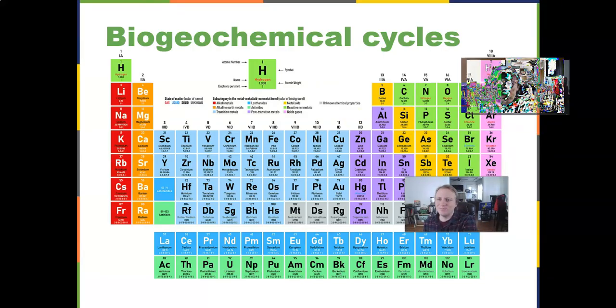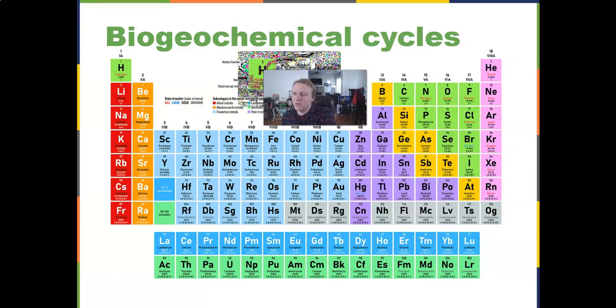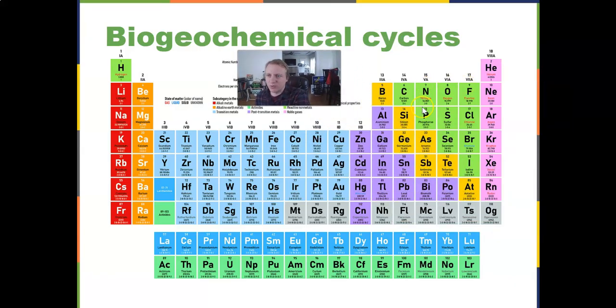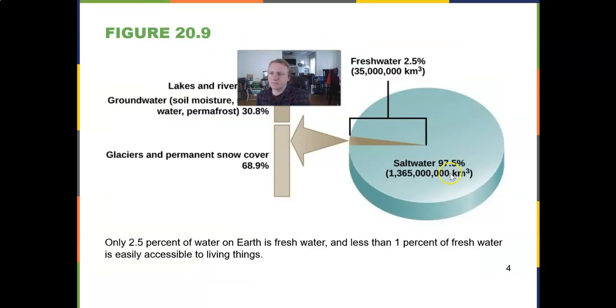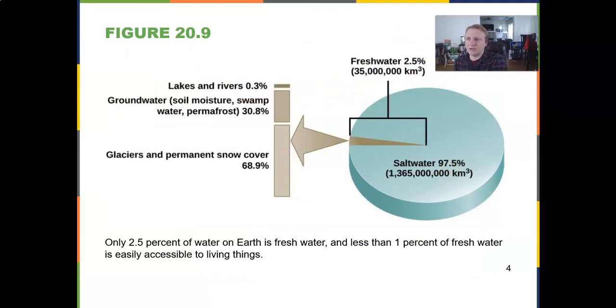So these elements are centered over here on the top right, with hydrogen being the only weird exception. I thought I would show you that because it is kind of interesting. In the next lecture, I'm going to get into talking about the water cycle, and how water moves on planet Earth.